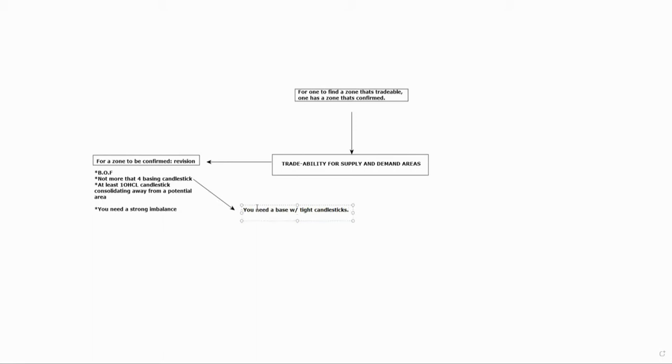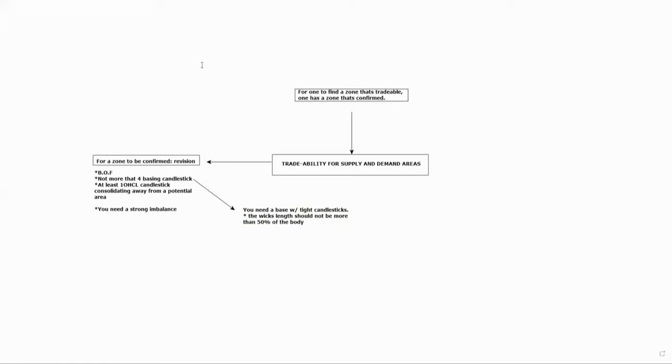With bases with tight candlesticks, what I mean is that the wick length should not be more than 50% of the body. So these are the rules that this thing has to meet before we can confirm it.